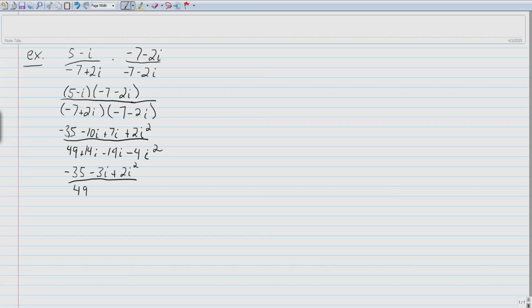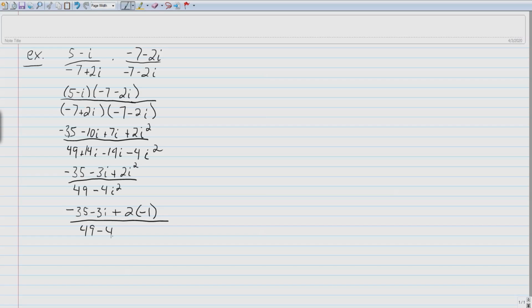In the denominator, 49, but the 14i minus 14i is 0, so then you're just left with 49 minus 4i squared. i squared is negative 1, so we can still simplify both numerator and denominator a little more. That would be 2 times negative 1.